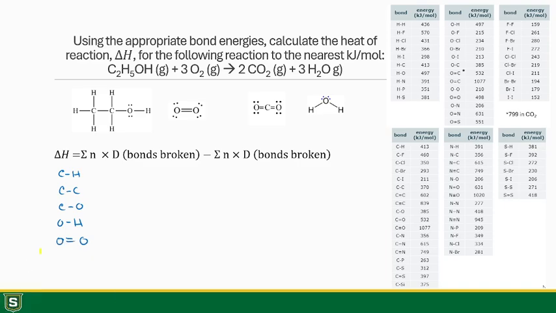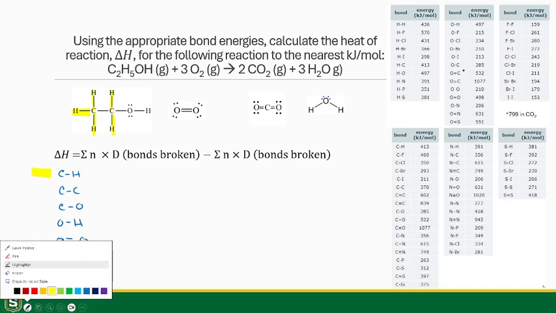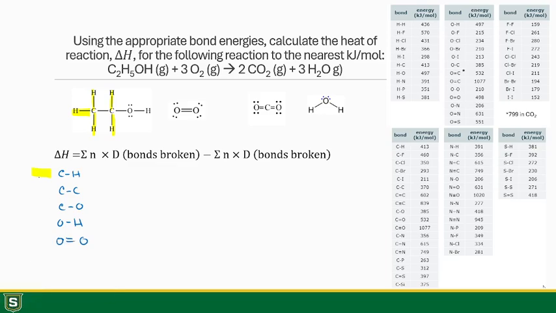So note that I have 1, 2, 3, 4, 5 of these. So we have 5 CH bonds. I can see that there's just 1 CC bond. So I've got that one. And I have 1 CO bond. I've done that one. And I have 1 OH bond. I've done that one. Now, really, there's 3 of these.